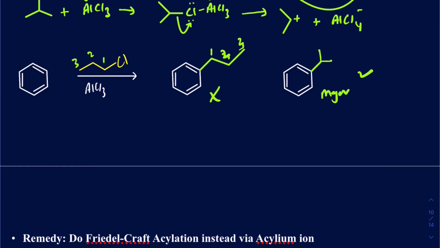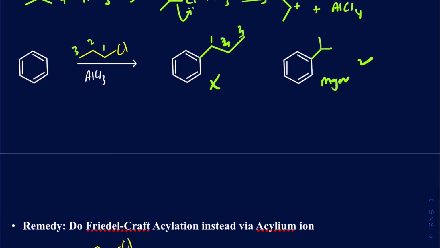And why that really works, I'm just going to show you the mechanism for the electrophile creation. The rest of the mechanism is going to be the same. That's because you can have carbocation rearrangements whenever you have a possibility of creating a better carbocation.